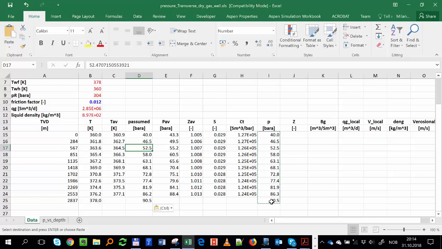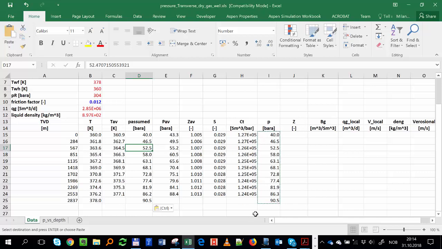Okay, now we have pressure along the tubing, that's what we wanted. And now we have to calculate the velocity of the gas in different places in the tubing. For the velocity of the gas, we need the local rate. For the local rate, we need the BG, and for the BG, we need the deviation factor.